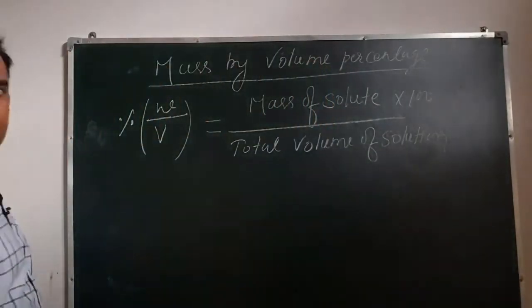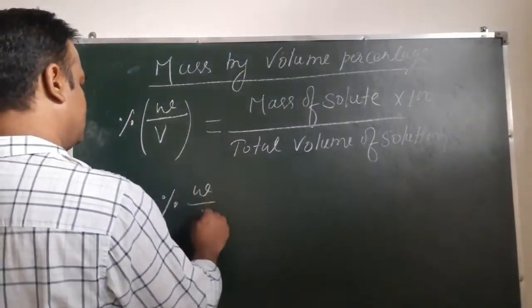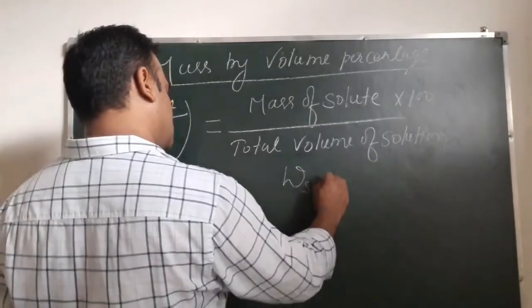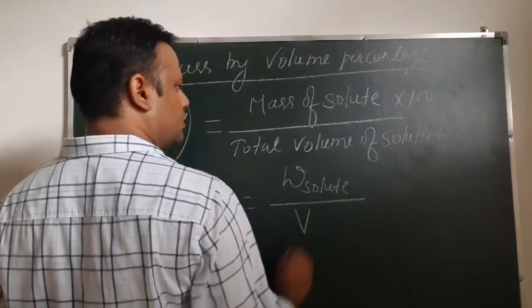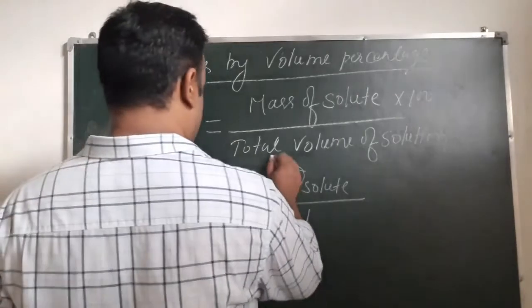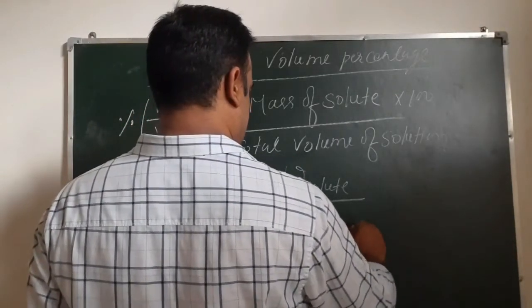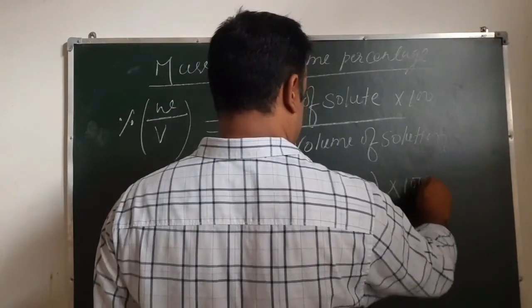If we convert this in the form of a formula, then percentage W by V will be equal to W, mass of solute, divided by volume of solution V, and then multiplied by 100.